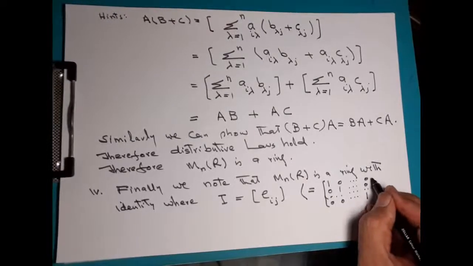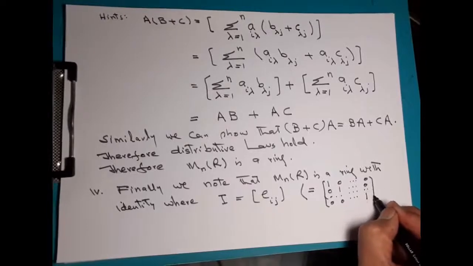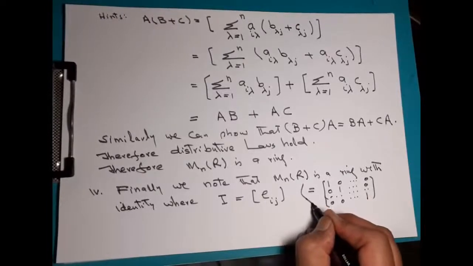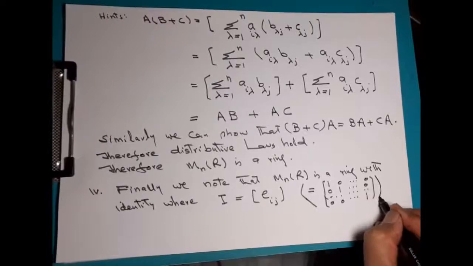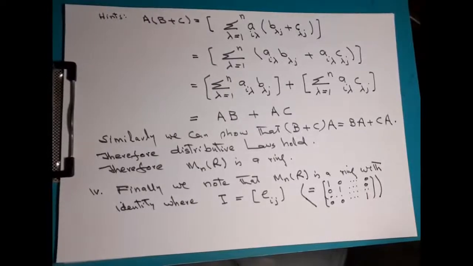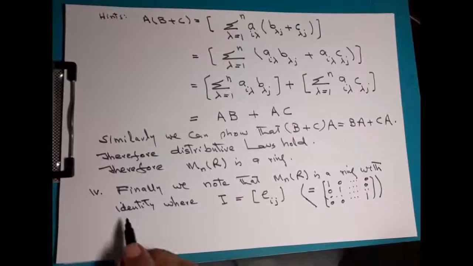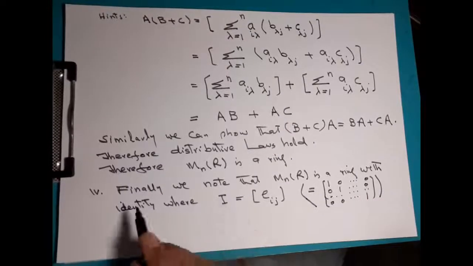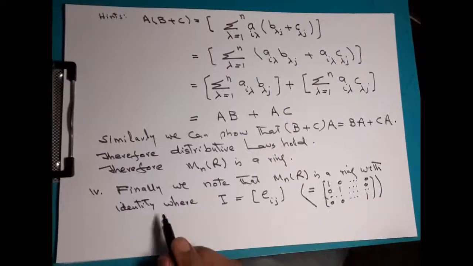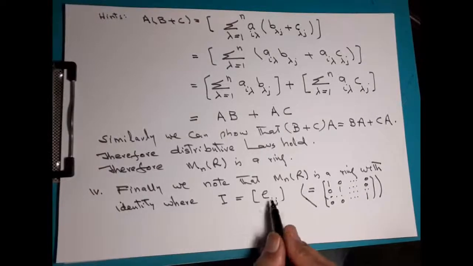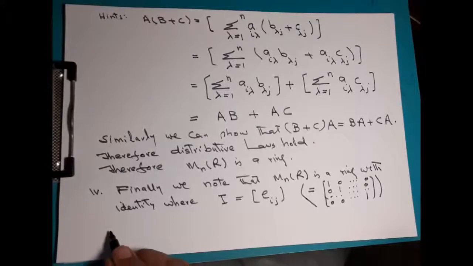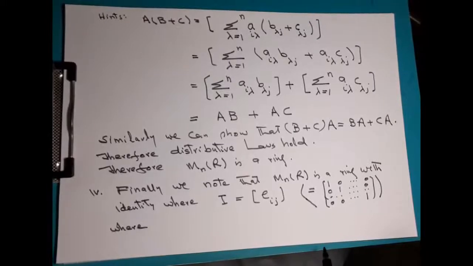And you know this matrix. In fact, this is a matrix which has 1 at diagonal and 0 elsewhere. So anyway, this is a ring with identity where identity is Eij, where let's see what Eij is.